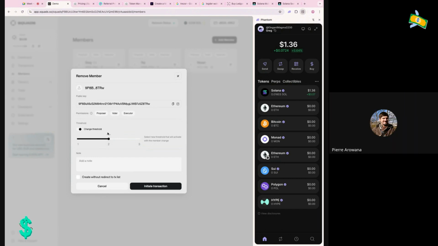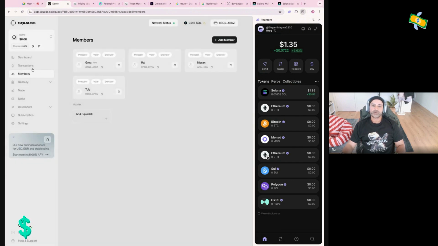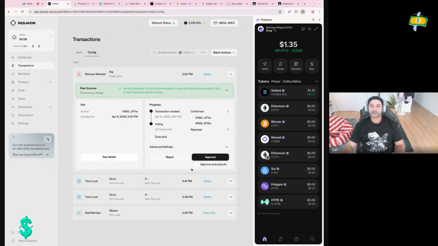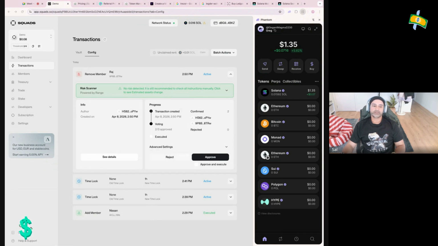That would have been better. But now that transaction is actually wasted, because if I execute it, I'm bricked just because Nissan's not here. And if I don't execute, then I'm also bricked. So I'll reject it. Cool. And then we can create a new one.